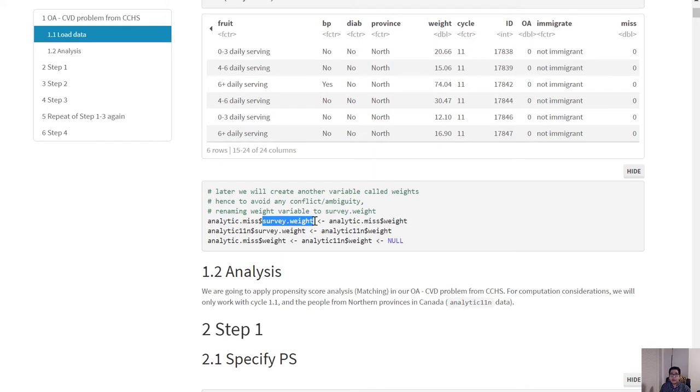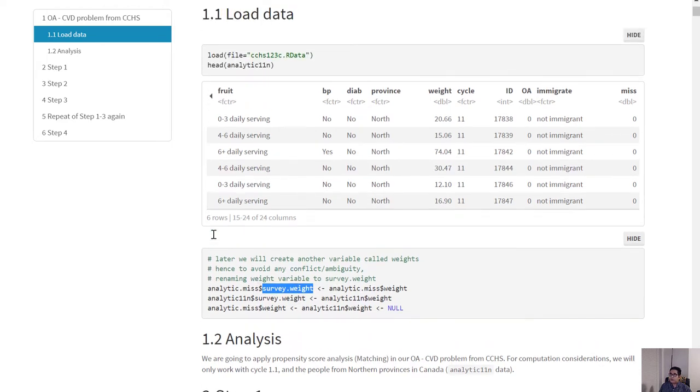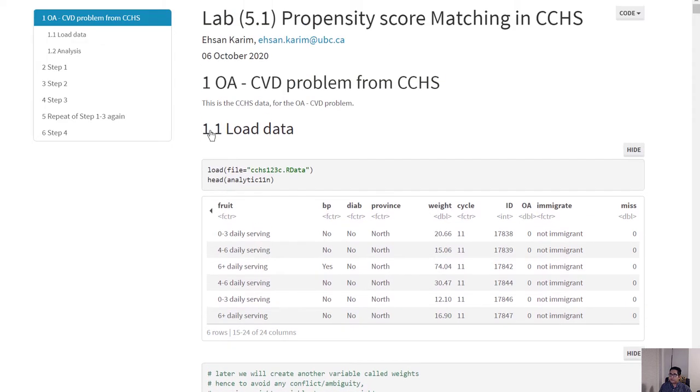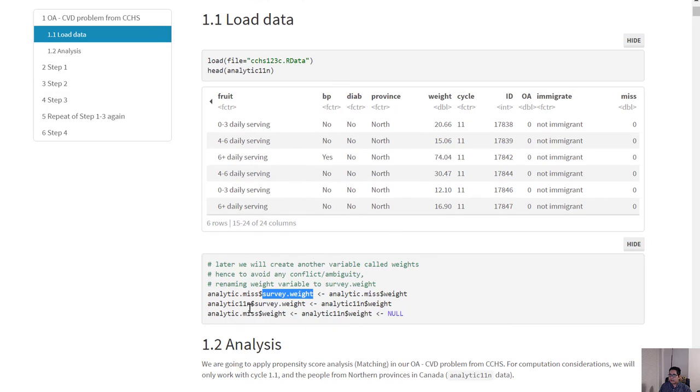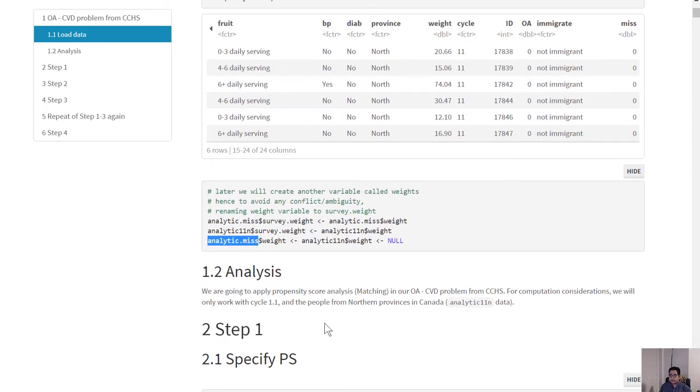So it is a very good idea to give it a proper name, so that you can later remember which weight this particular column is representing, and do it for both of the datasets. In this particular dataset, I not only have Analytic 11N, I also have the original dataset where no person was deleted, so that I have the original weights.